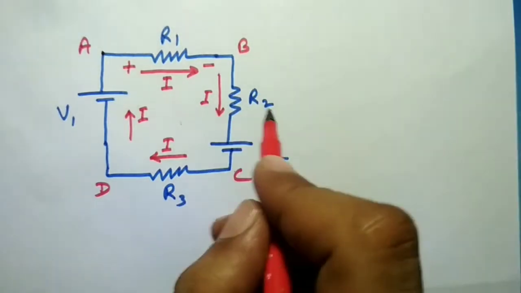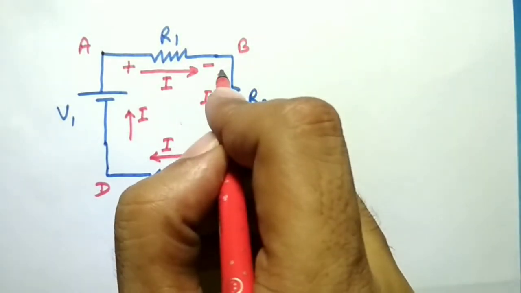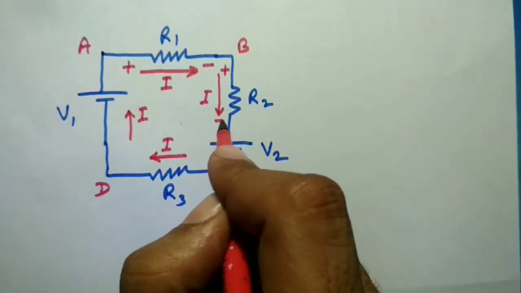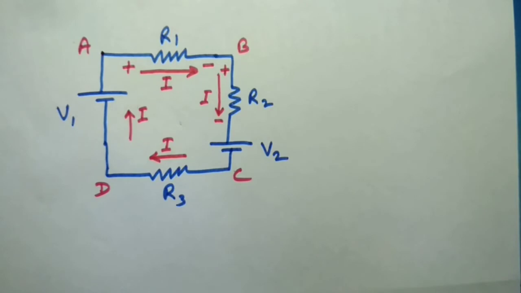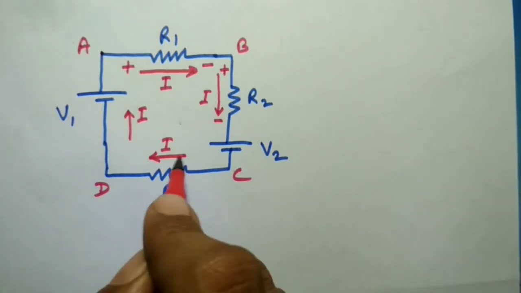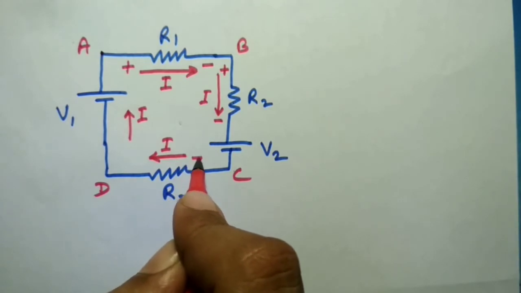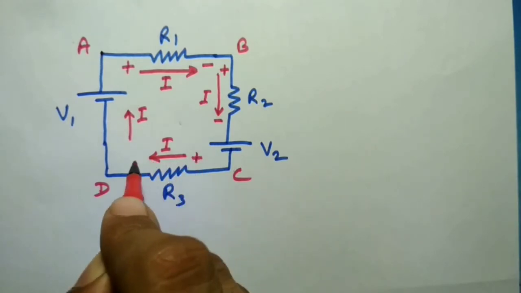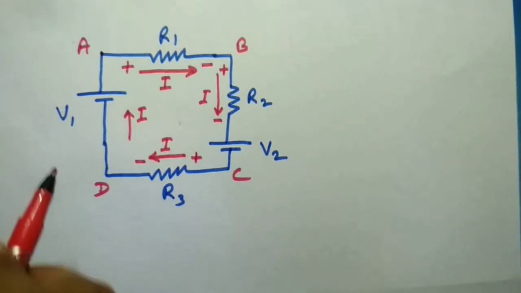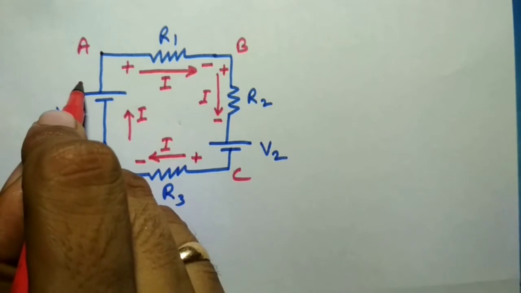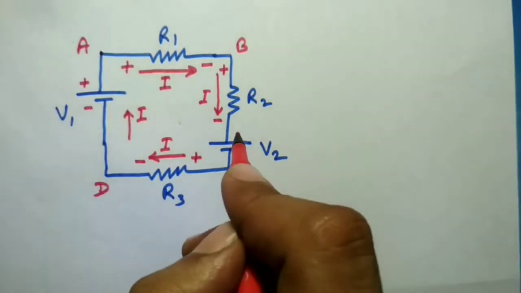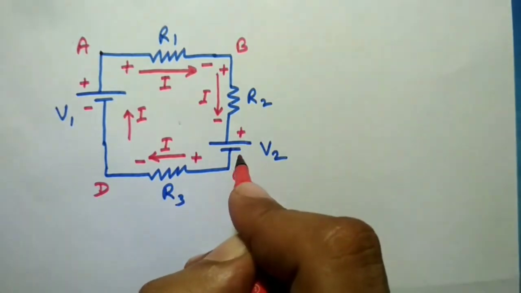So in this case, the voltage drop across R2 has the positive potential on the upper side and the negative potential on the lower side. And similarly, the voltage drop across R3 due to the current I should have the positive terminal on the right side and the negative terminal on the left side. And we also know that the voltage source V1 has a positive terminal on the upper side and here is a negative terminal, and similarly for the voltage source V2.